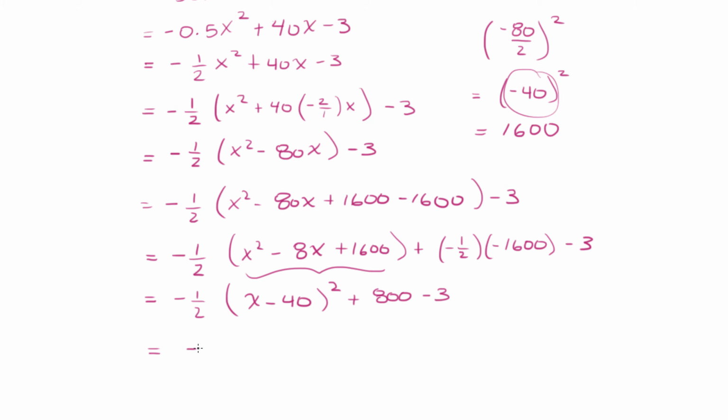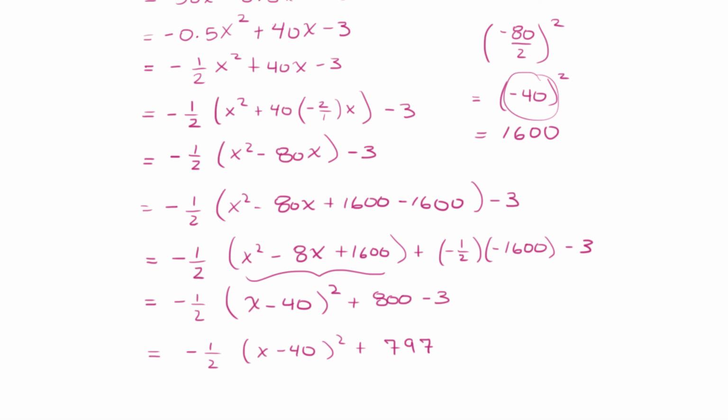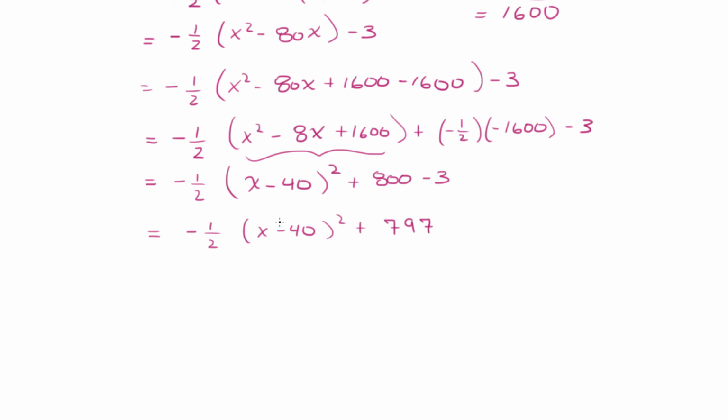So you have finally negative 1/2 times x minus 40 squared plus 797. And that will be your factorization, completing the square. So the vertex here is positive 40, 797. What does that mean in terms of the problem?